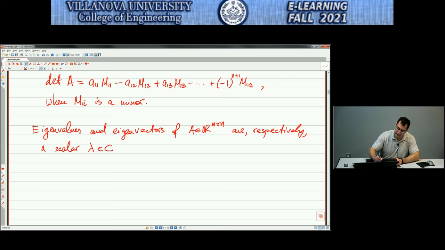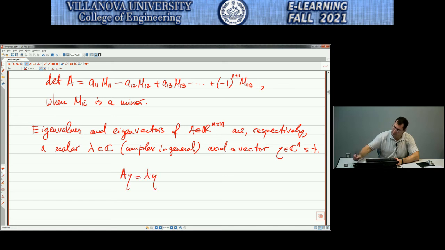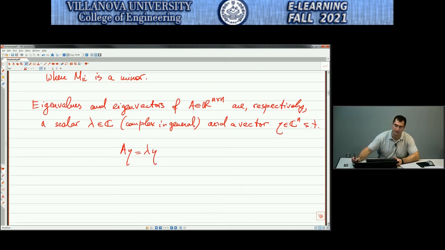This is how I define complex numbers. And the vector, also complex in general. Let's call this eta. It's an n-dimensional vector such that they satisfy this equation: A times eta is equal to the eigenvalue times eta.